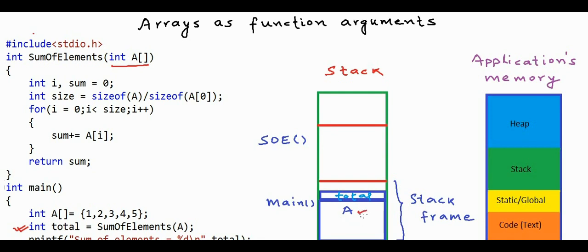What happens when we make a function call is that the value of this particular local variable in the main method, or rather the value from the variable in the calling function, is copied to the variable in the called function.